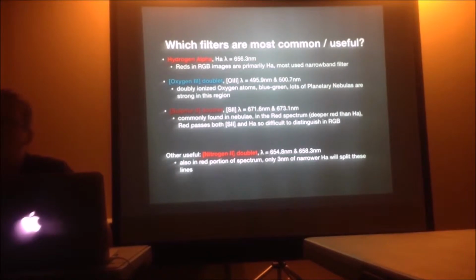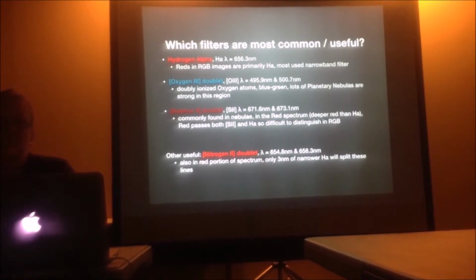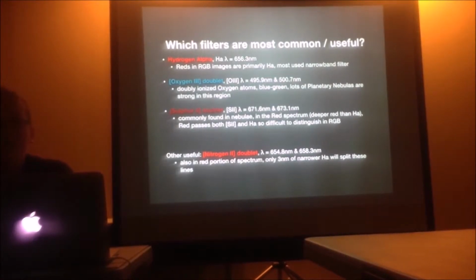Yes. And if you want to do planetary nebula, you shouldn't really go any narrower than 5 nanometers, because it's very close. If you went to 3 nanometers on the HA, you would lose some of that capability, because the nitrogen line is very close, which is here as well. Yeah, the nitrogen is right near the hydrogen alpha.